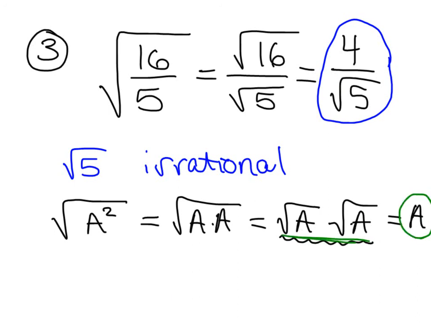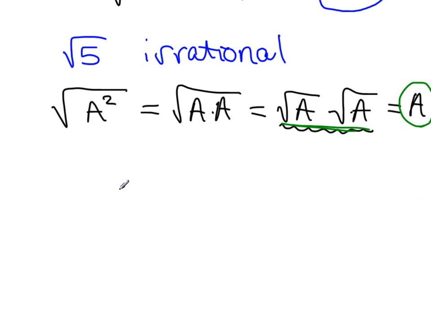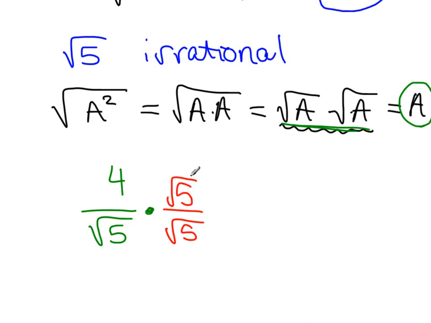I'm going to take, let me extend my page real quick. We have 4 over the square root of 5 currently, and I'm going to multiply by 1. But I pick the 1, and the 1 I'm going to pick is the square root of 5 divided by the square root of 5. Same thing over same thing is 1. 1 times anything's the same.